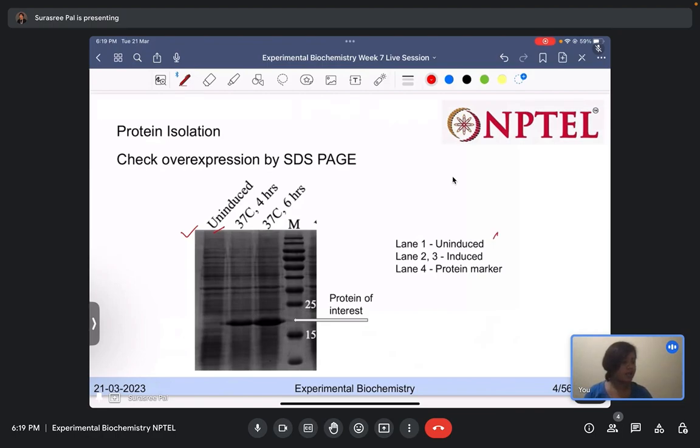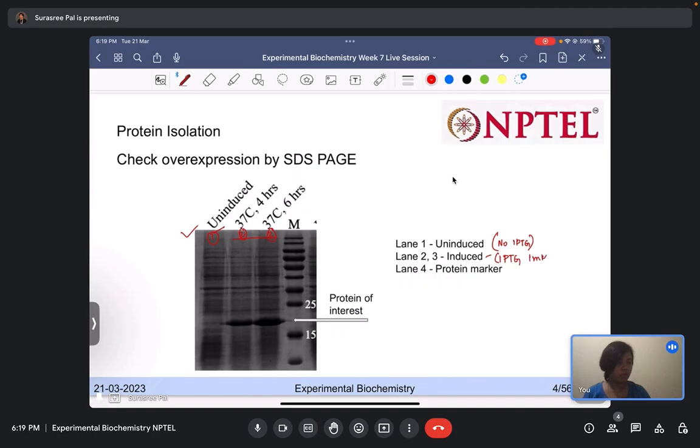Uninduced means no IPTG or inducer molecule was given in this sample. And these two lanes, lane 2 and 3, are both induced samples, which means IPTG was added.